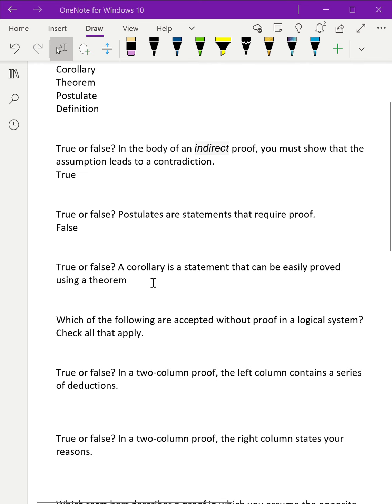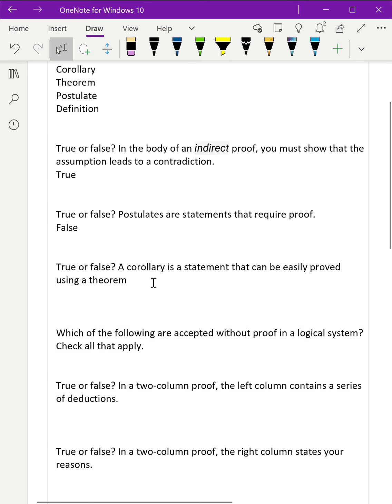It's a simple additional statement, so it's easily proved off of a theorem. That is true. The opposite is not true. Theorem statements cannot be easily proven with a corollary. So it goes corollary to theorem, not theorem to corollary. Corollary. Oh, I can't say that word. I'm sorry.